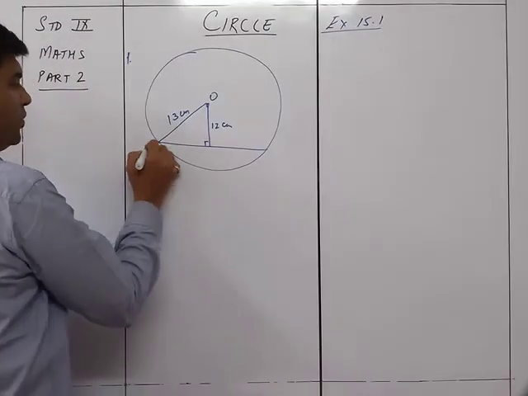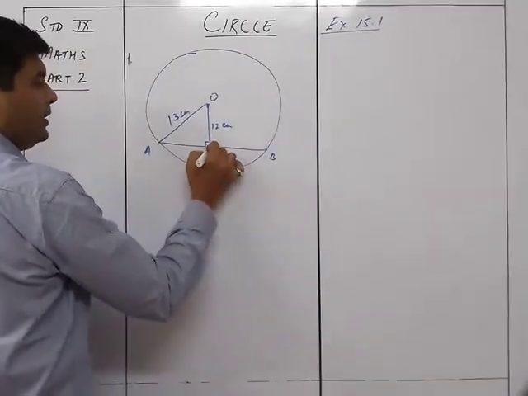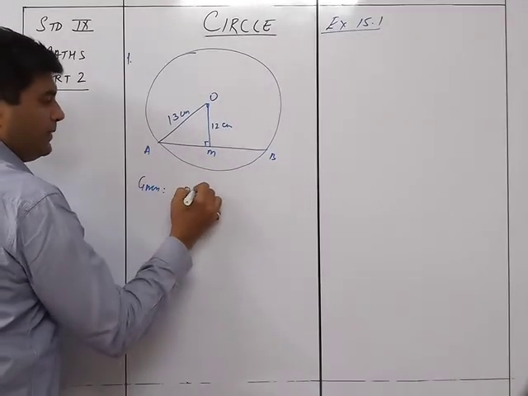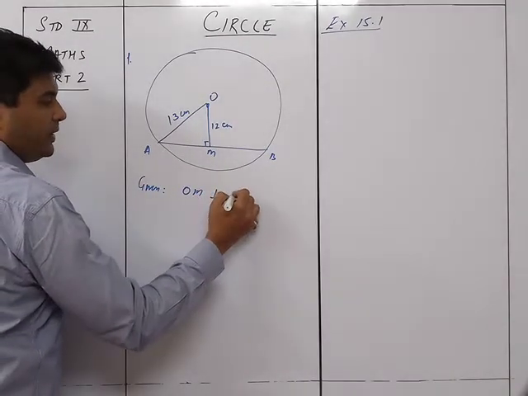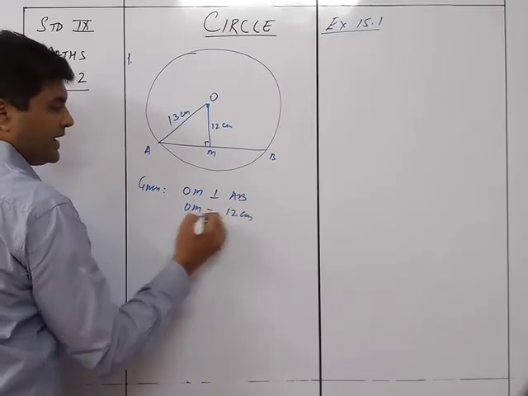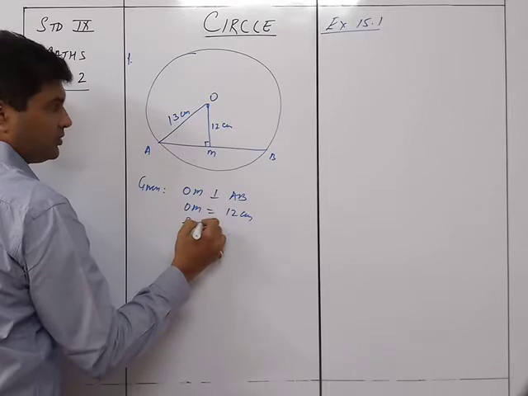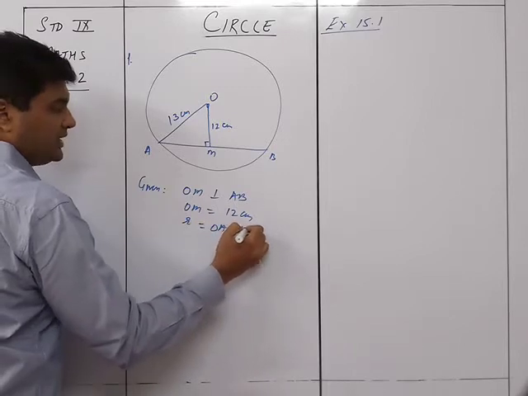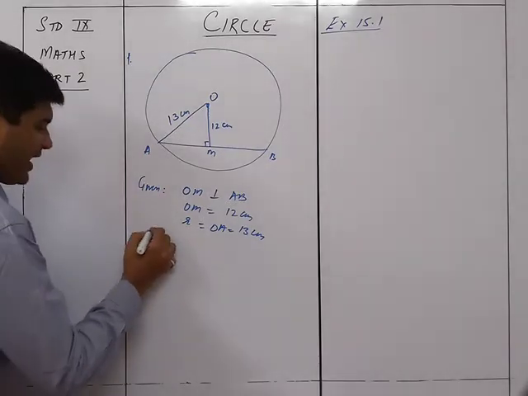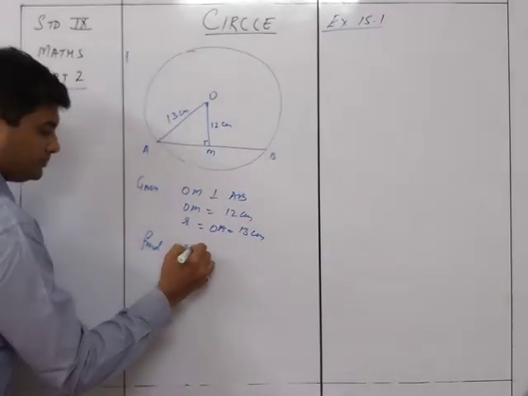We can mark it as O, A, B and M. Given, OM is perpendicular to AB, OM is equal to 12 centimeters and radius OA is equal to 13 centimeters. Accordingly, we need to find AB.